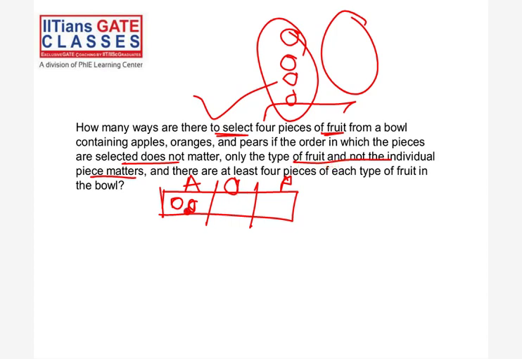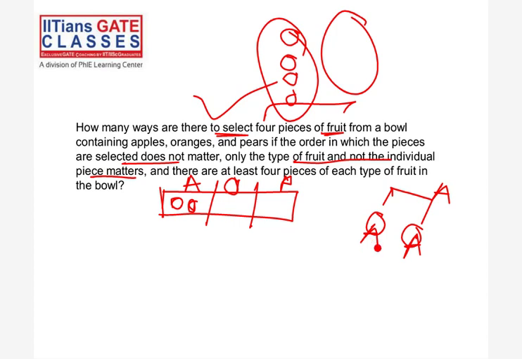The type is the same, both are apples. Now I am saying that if you want to select one apple, then how many ways are there? You see, this is also an apple, this is also an apple. There is only one way.